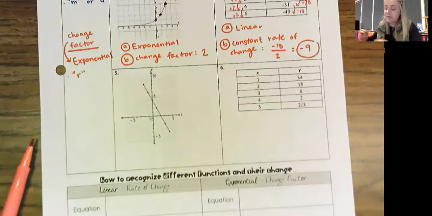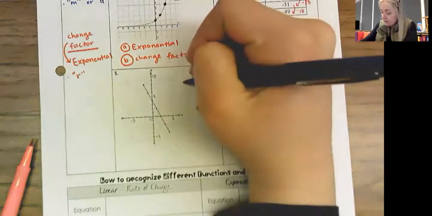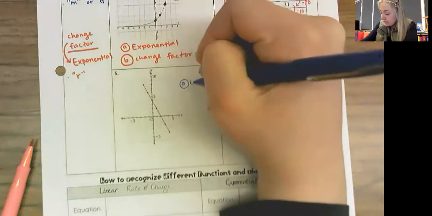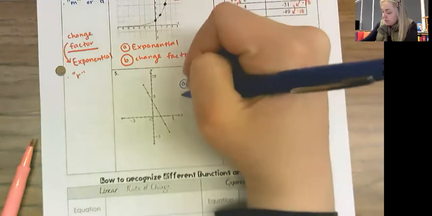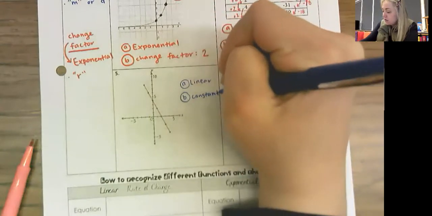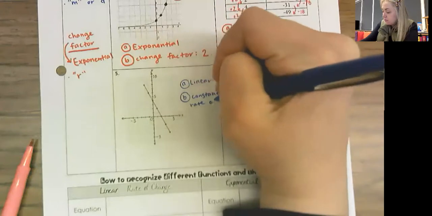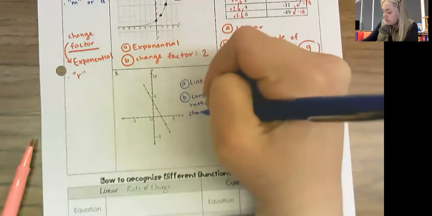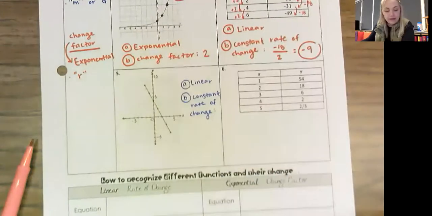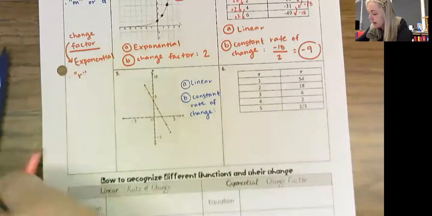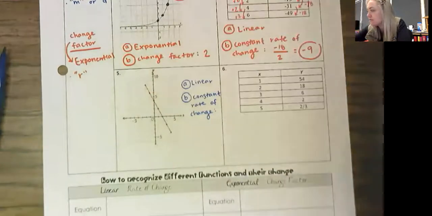Okay, on number 5, it's a straight line. So I know, first of all, that this thing is linear. So now I'm going to find the constant rate of change. Okay, if I look at this graph, let's zoom in a little bit.